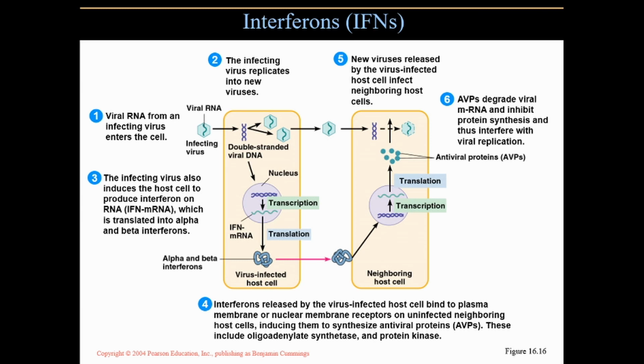And then as a result of that, the cell is not infected, and so it doesn't fill up with new viruses. Viruses can't replicate, and therefore that cell no longer becomes a safe house for these viruses to reproduce and then lead to cytolysis of the cell, and then they get released and go and infect other cells. So this is a very helpful system that our cells utilize to combat viruses, the interferon system.